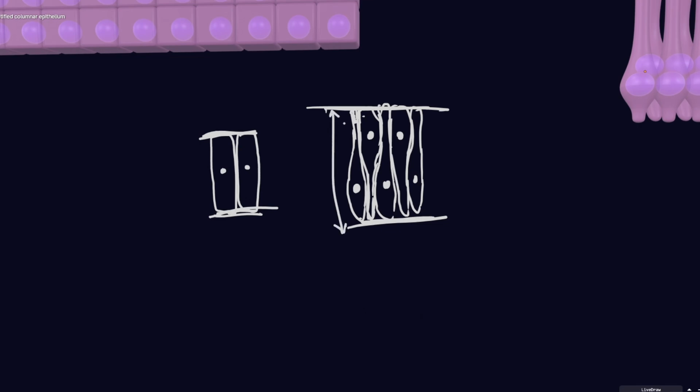The cells are totally extending from top to bottom, but the positions of their nuclei are different, and that is why, due to the different positions of their nuclei, when you look especially with a low magnification microscope, they look like there are multiple layers of cells, but actually they are not multiple layers. This is a single cell and they are touching from top to bottom.